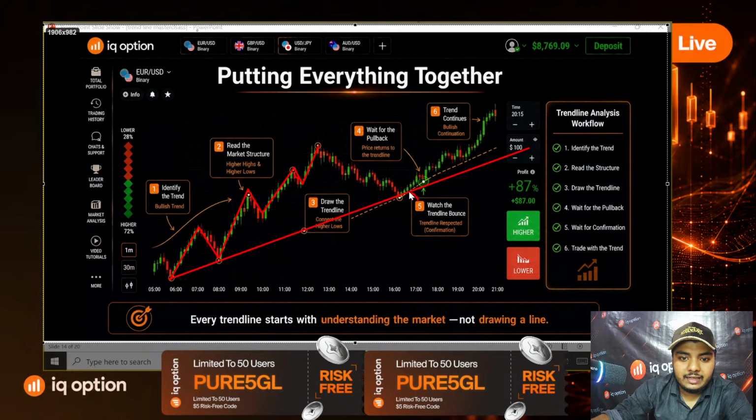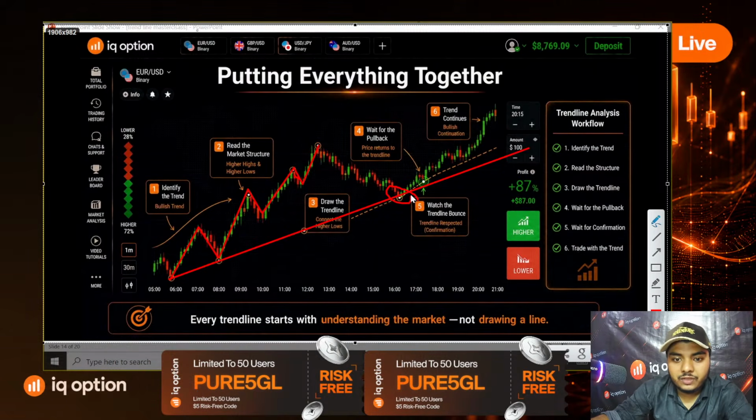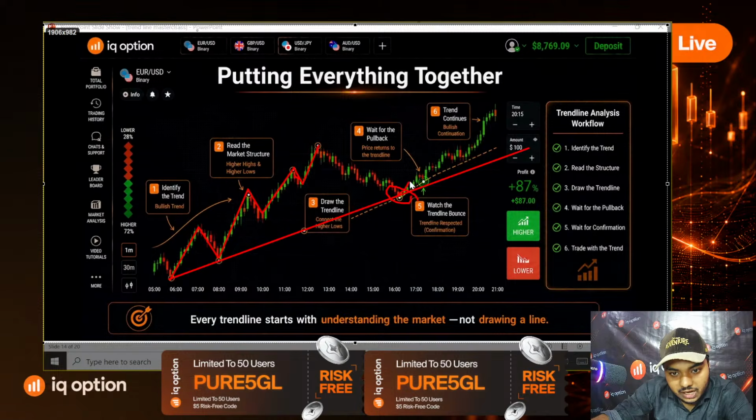If you get any confirmation here, any bullish pattern confirmation, you are free to trade here with a 5 to 10 minute expiry time frame. Also, you can wait for a little retest after the push, a little pullback, and trade from there.